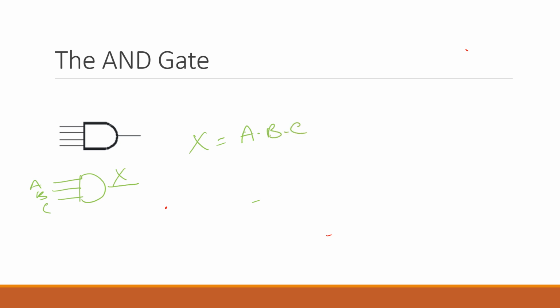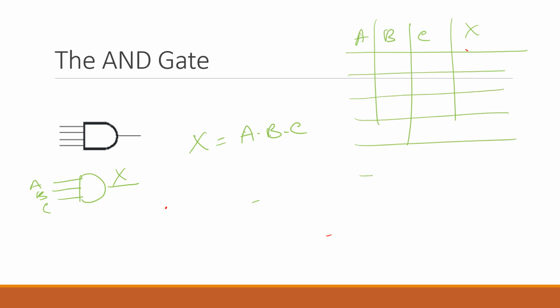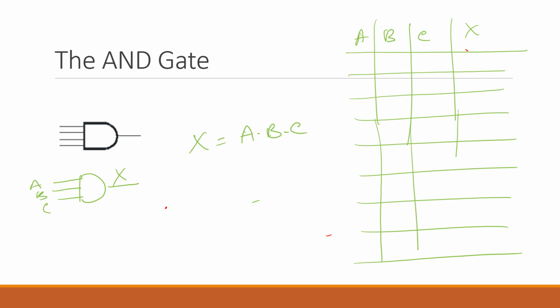Am I right? And how do we write the truth table? It should have 8 rows. So we have A, B, C, and the output, which is X. We have 1, 2, 3, 4, 5, 6, 7, 8. You can use binary numbers to do this. We have to start with 0, 0, 0.